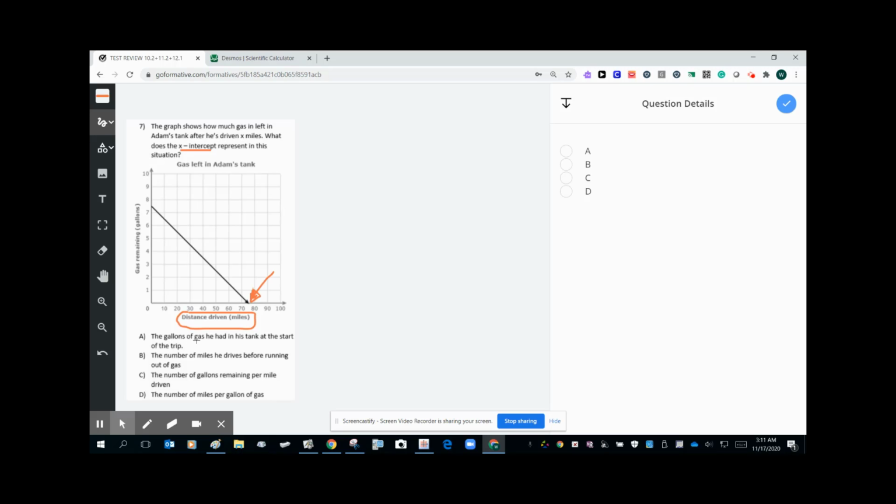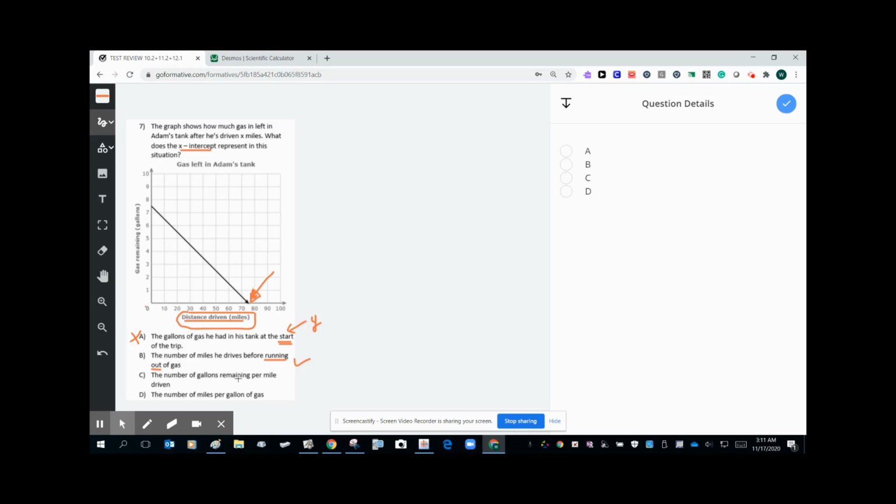All right, gallons of gas he had in his tank at the start of the test. If you remember, start is a keyword for y-intercept. So we know that that's not our answer. The number of miles he drives before running out of gas. So this is promising, okay, because it's running out at the end, no gas.